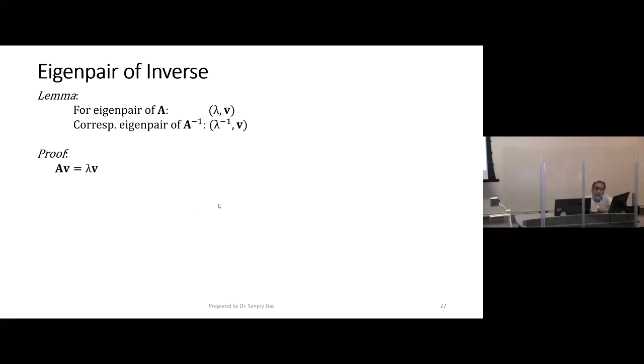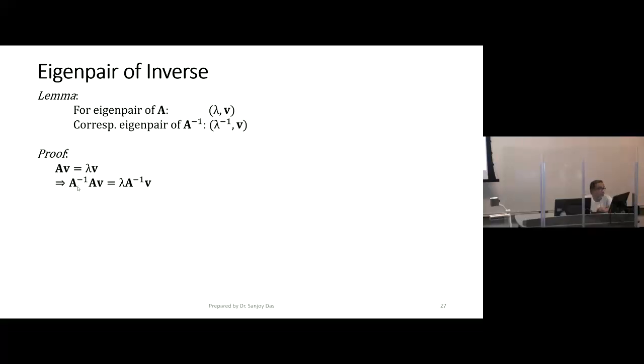Proof. A V equals lambda V. Again, we start with the definition: lambda, V is an eigenpair of A. Now, what we do is we just take A inverse.